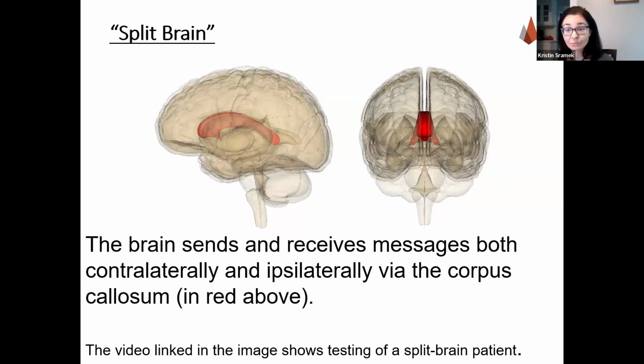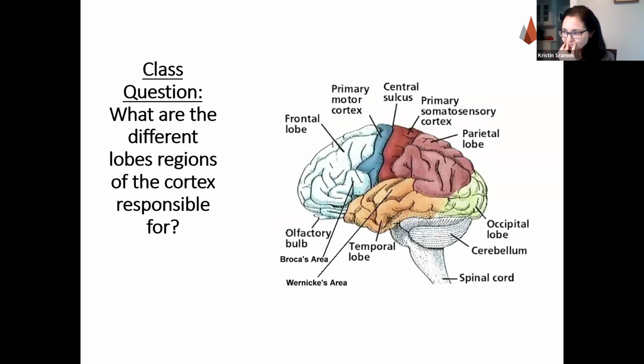Whenever we have a split brain patient where the corpus callosum has been severed, you can see in the video that the patient will have difficulty producing words when images are only shown or instructions are only given via one eye, right? Where they can see or hear information delivered only from one side of the body, they're not able to produce the information from the other side. It's quite interesting to watch.